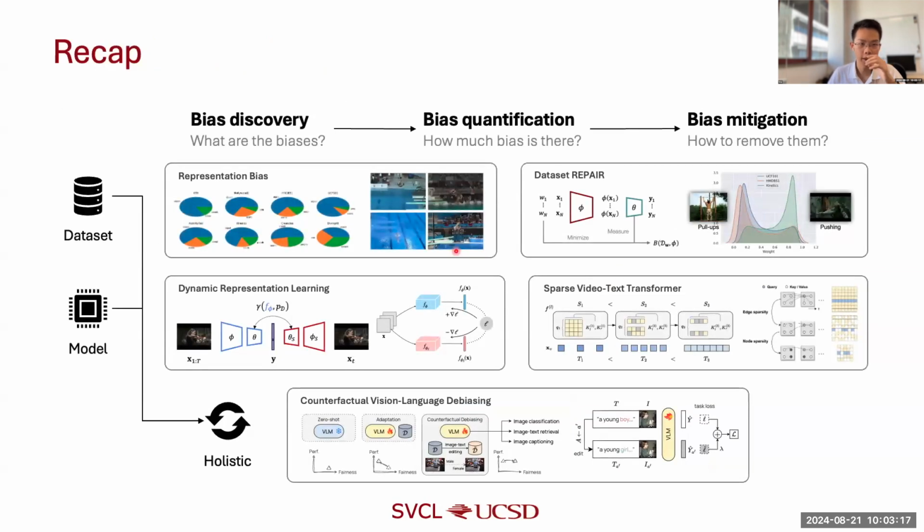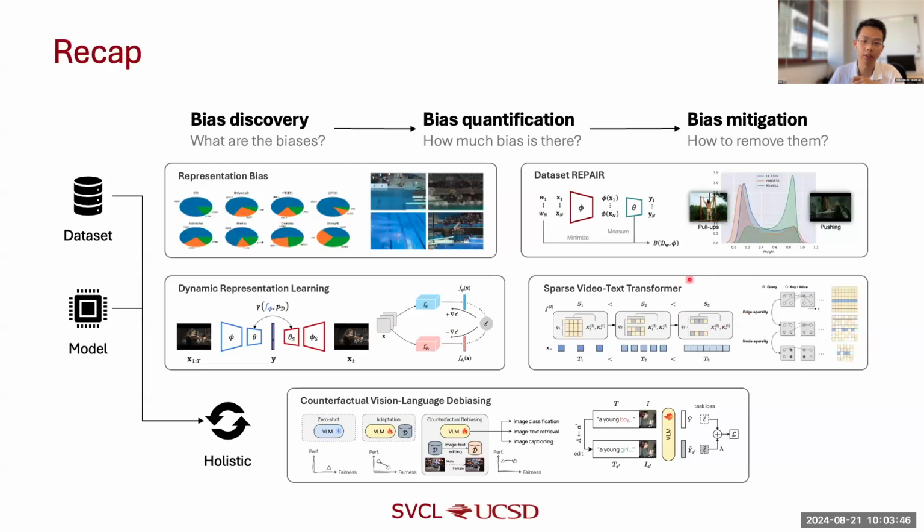So as a recap of the talk today, I started with studying dataset bias in video action recognition, where we quantified the biases and then proposed ways to reduce the biases with resampling. I then turned to addressing the model bias, where we proposed a way to increase the dynamicness learned by video models and showed that it improves model transferability.